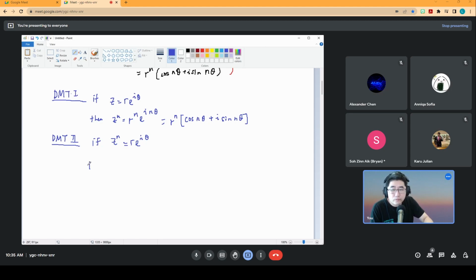Then the roots Zk equal R^(1/n) e^(i(theta/n plus 2k pi/n)), for k equals 0, 1, 2 until n minus 1. What is important is you need to know how to apply DMT2.